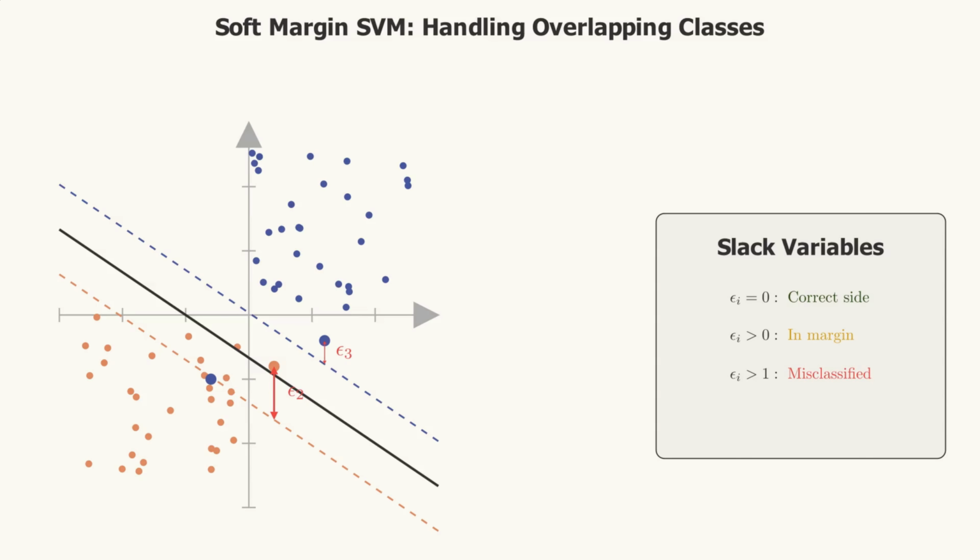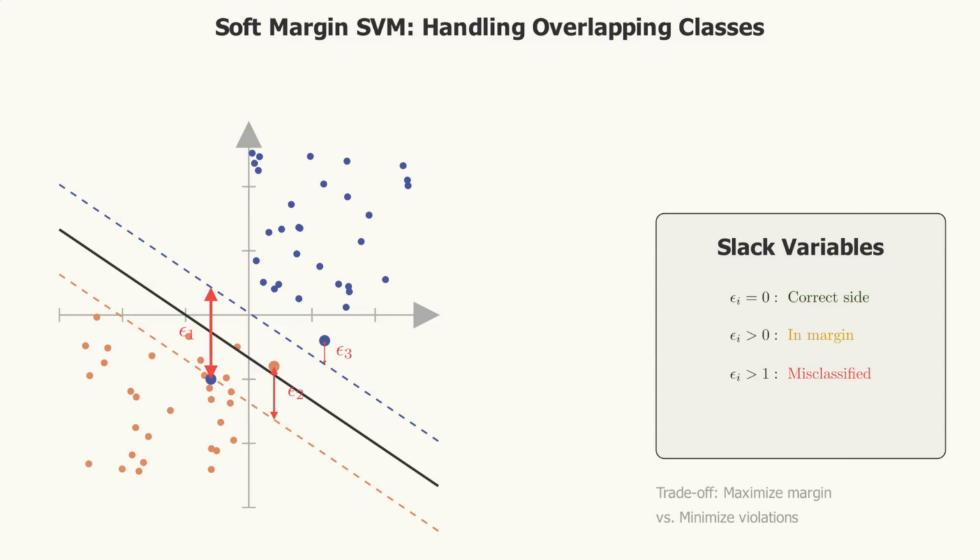data. This is where we introduce the soft margin. Instead of a rigid boundary, we allow some observations to violate the margin for the sake of a better overall model. To track these violations, we use slack variables, represented by the Greek letter epsilon. These variables act like a measuring stick for how much a point breaks the rules.